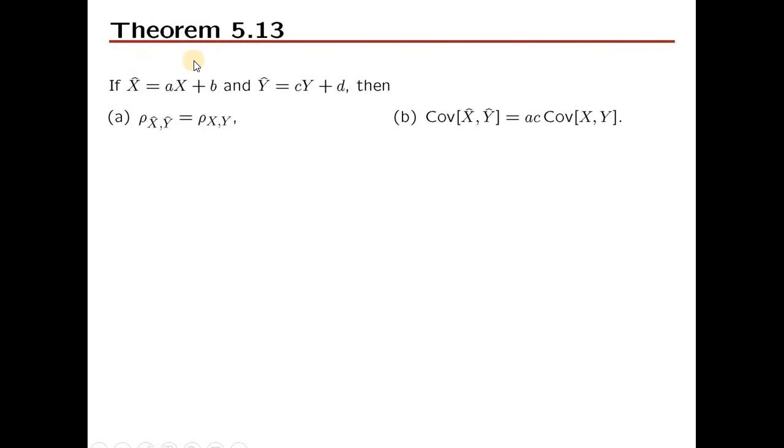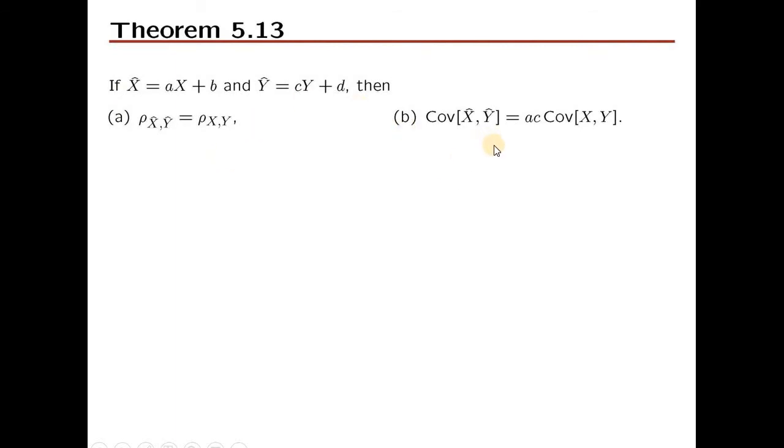If you have this, what is the relation in terms of covariance and correlation coefficient? The correlation coefficient of x and y is equal to the correlation coefficient of x hat and y hat. So if you add a constant or multiply by a constant, the correlation coefficient remains the same.